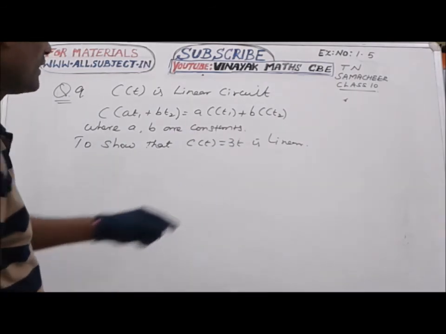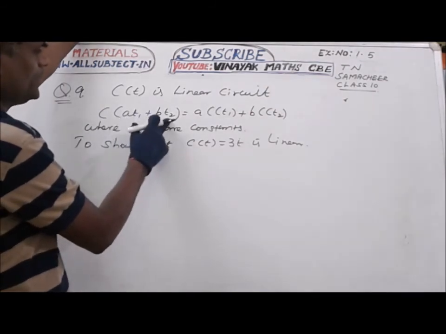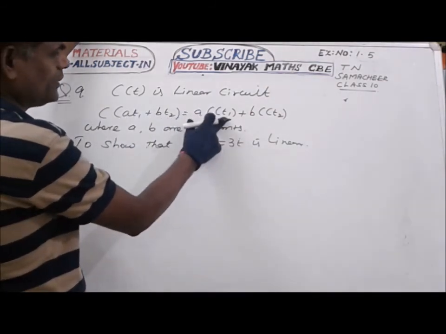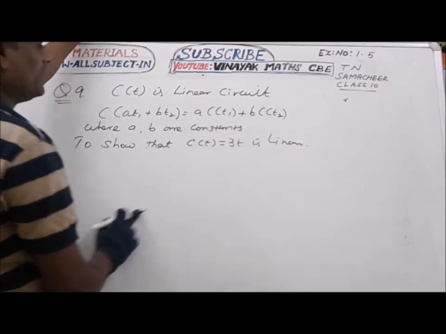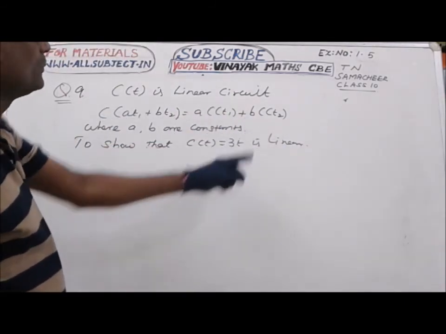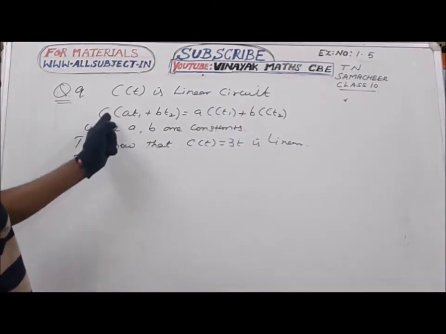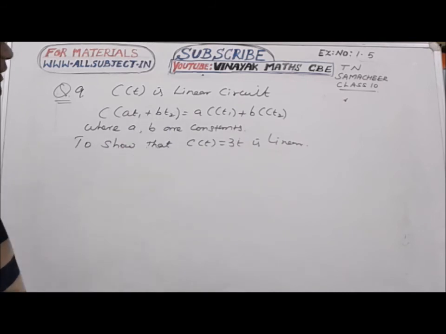If it is linear, we need to show C of (at1 + bt2) equal to a into C of t1 plus b into C of t2. This means we need to find C of t1, C of t2. Then the sum of C of at1, C of at2 equal to C of at1 + bt2.